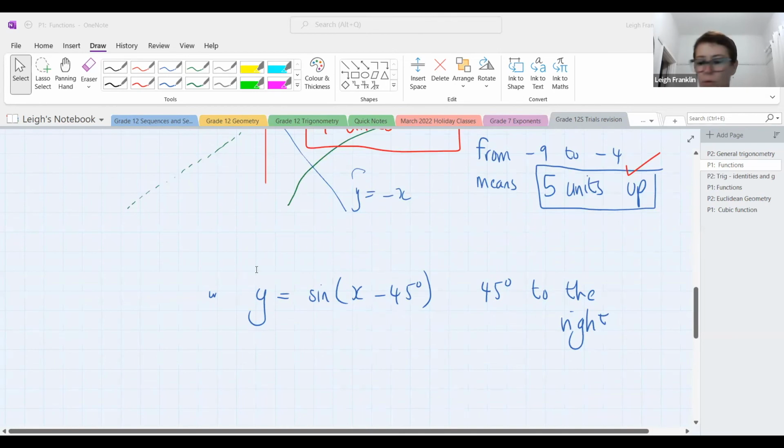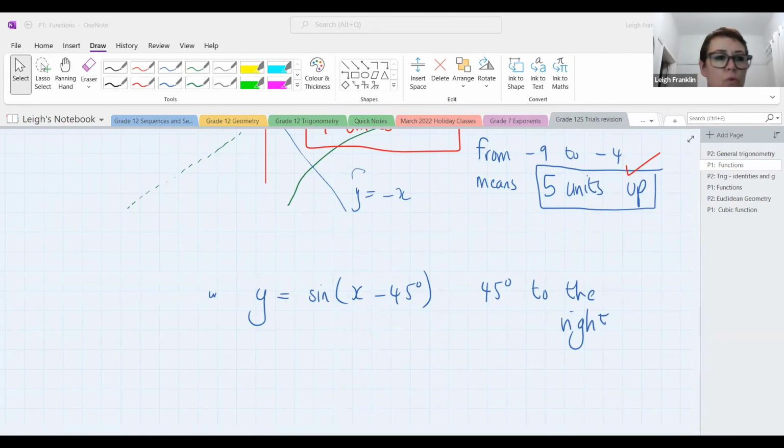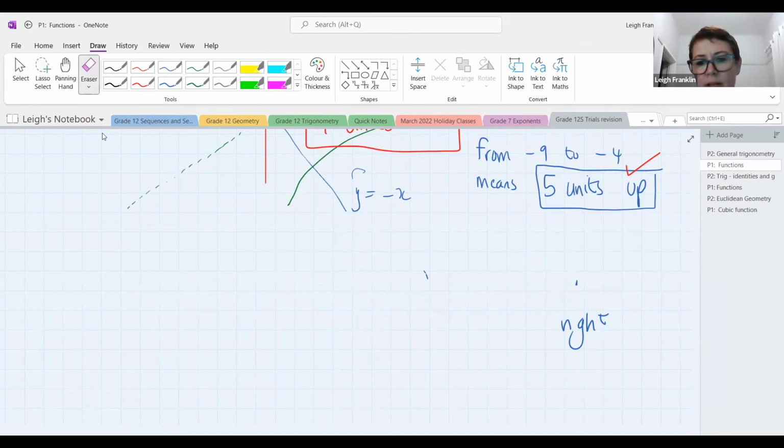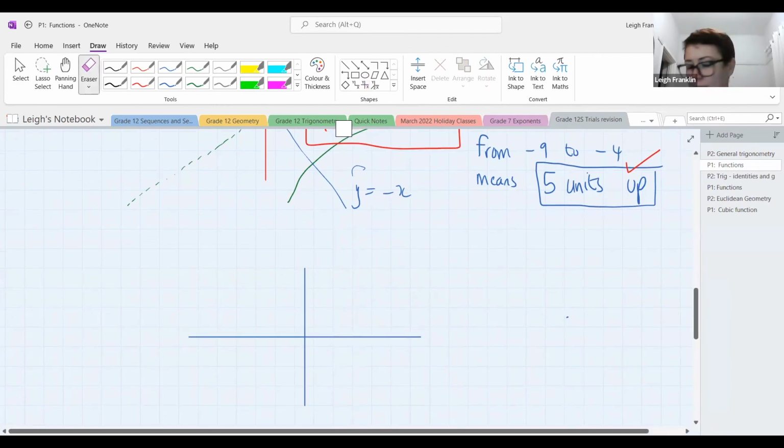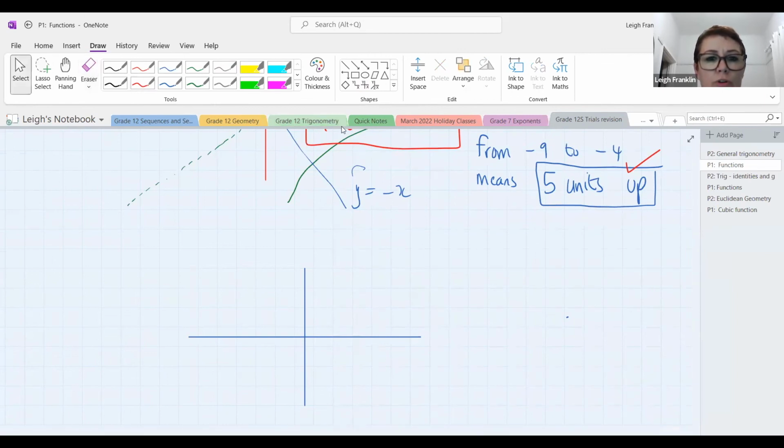Okay, so in other words, if I draw just quickly a set of axes here, if I want to draw the line x equals -2, my line would be a vertical line, and it would be here.